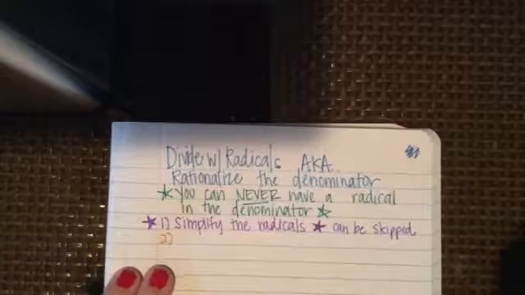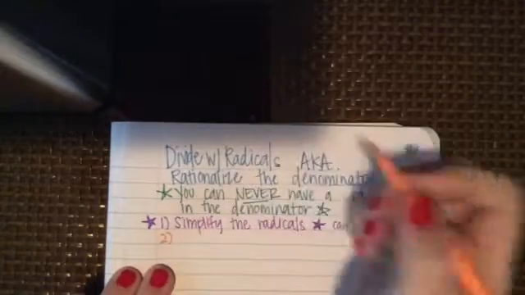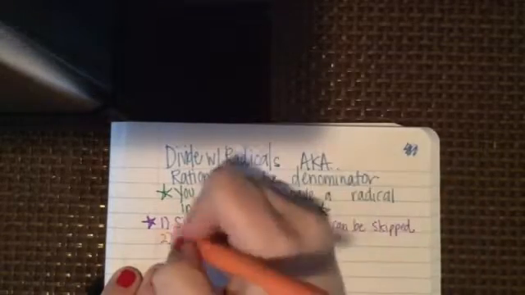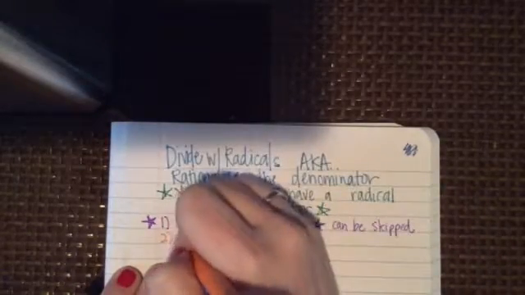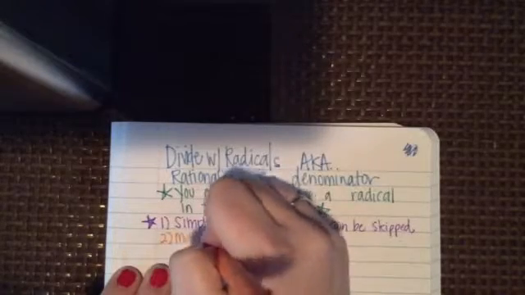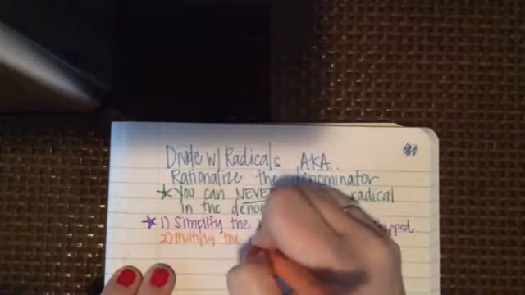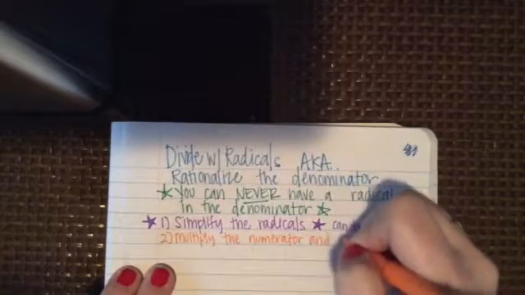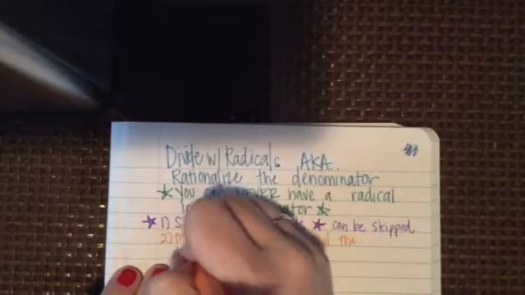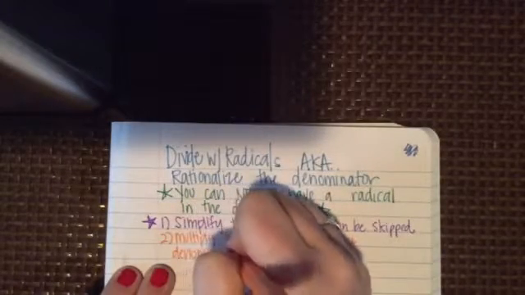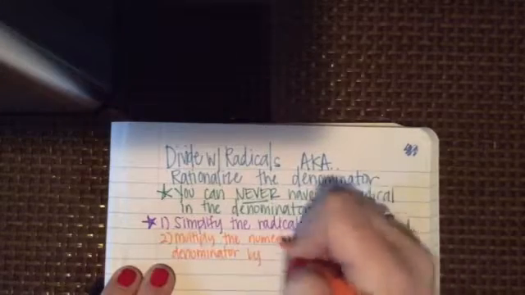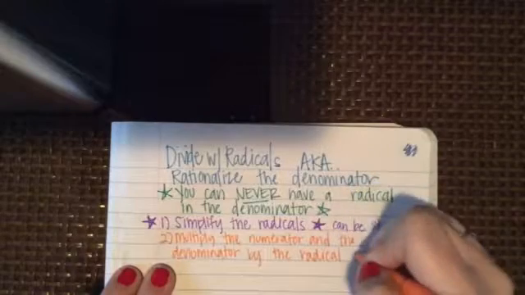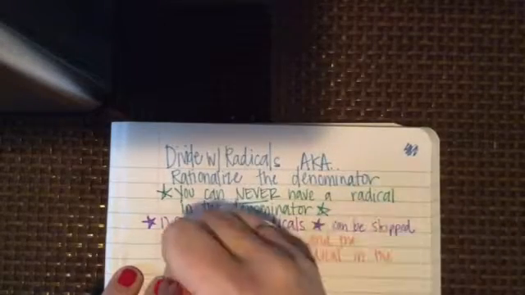Step 2 you have to do. So, when there is a radical in the denominator, you're going to multiply the numerator and the denominator by the radical in the denominator.